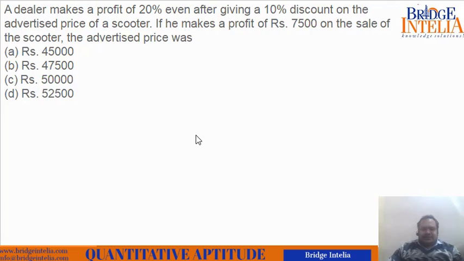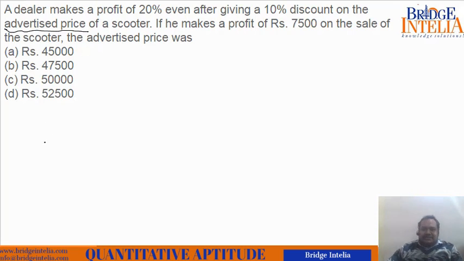Let's see this one. A dealer makes a profit of 20% even after giving a 10% discount on the advertised price of a scooter. I mean marked price, same. If he makes a profit of rupees 7,500 on the sale of the scooter, the advertised price was equal to what?